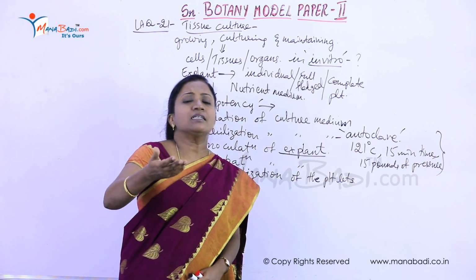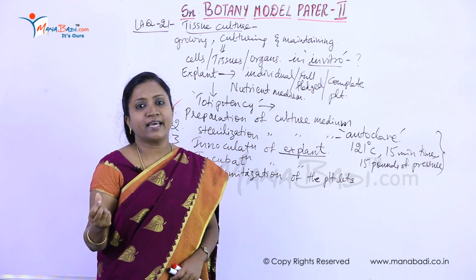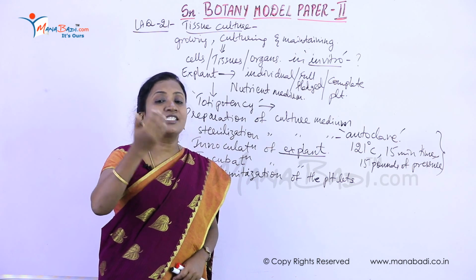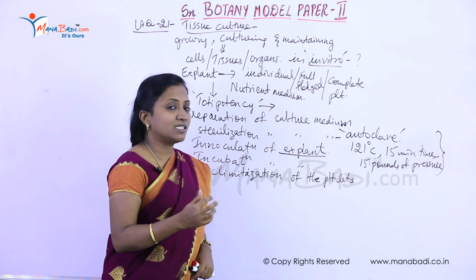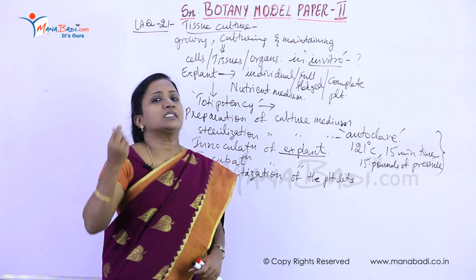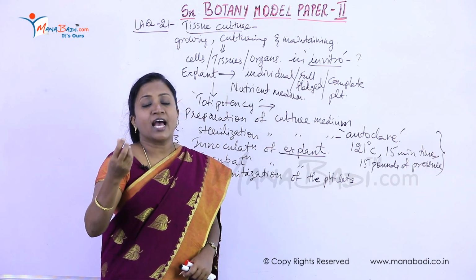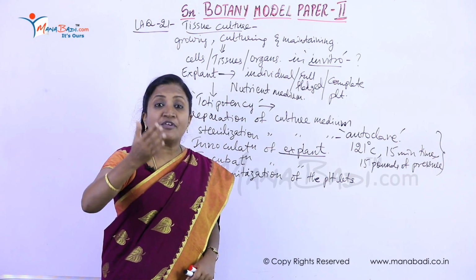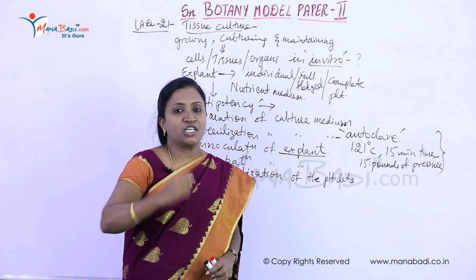Explant, as we have discussed earlier, is any part of the plant which is taken. It is sterilized externally. External sterilization in the sense that, whichever part it is, whether a part of the leaf or part of the stem, any part is taken and surface sterilized, that is, washed in detergents.